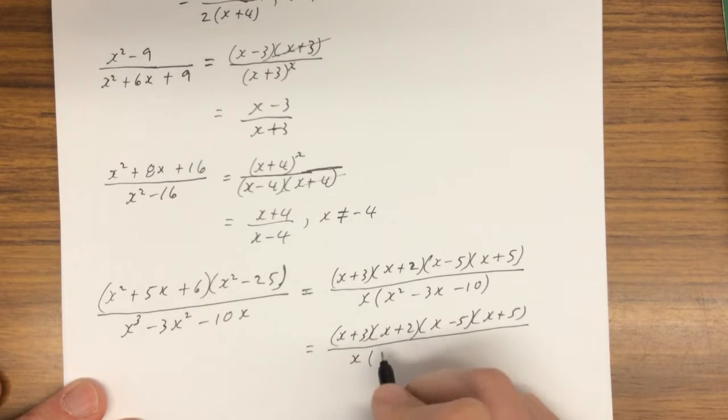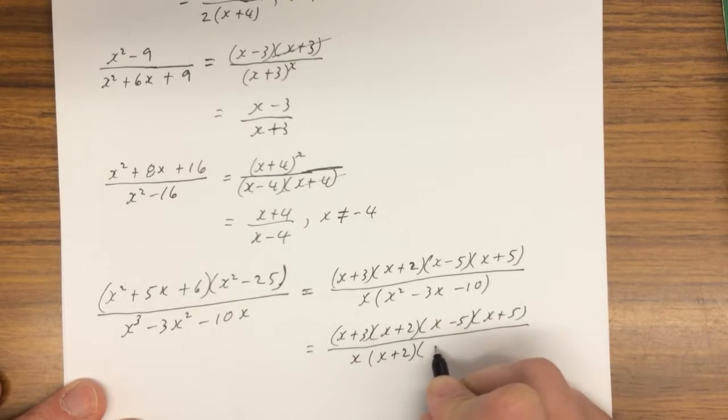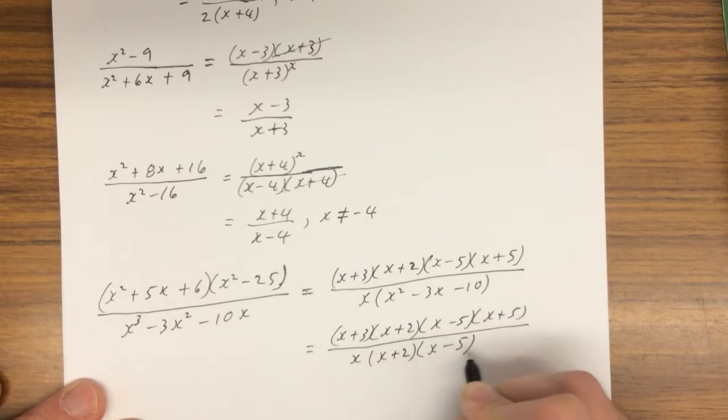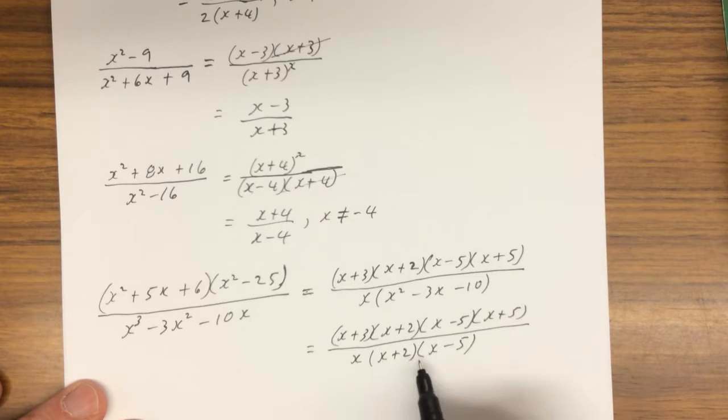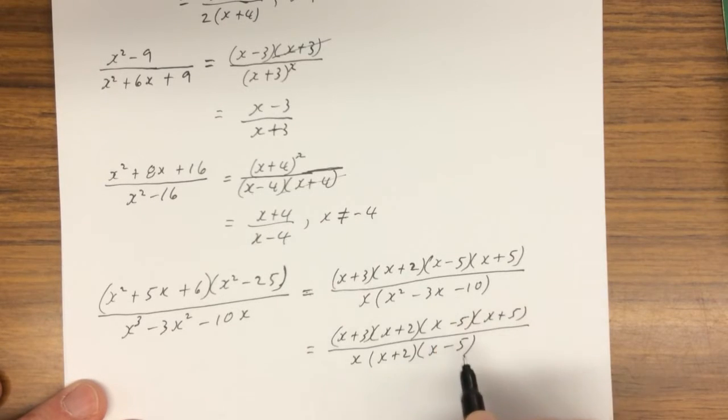So we're going to write that down as x times x plus 2 and x minus 5. Okay, so the negative 5 times 2 is negative 10. Negative 5x plus 2x is negative 3x.